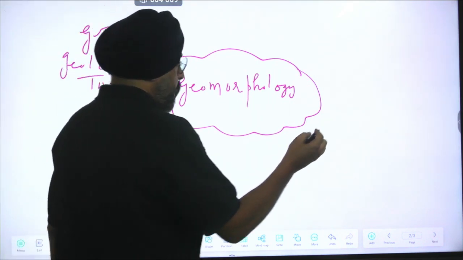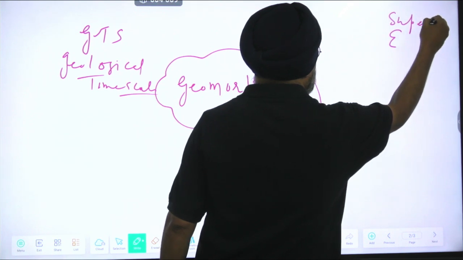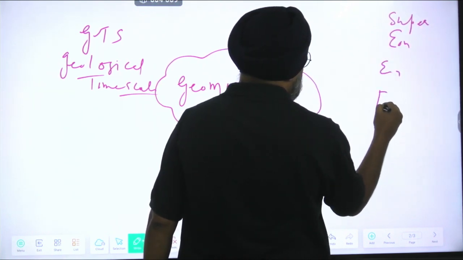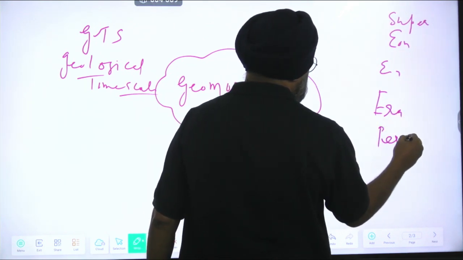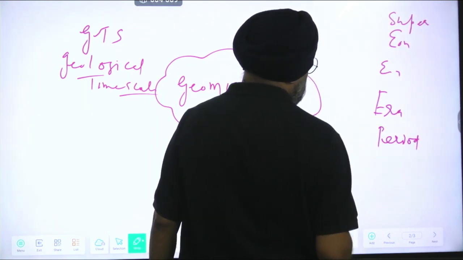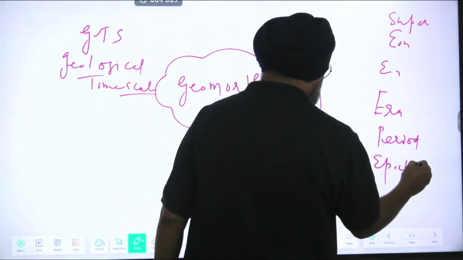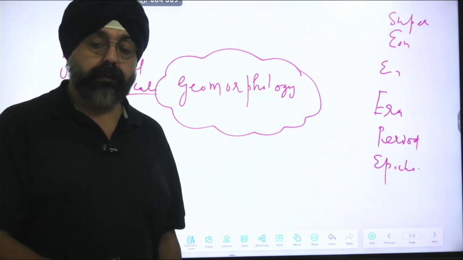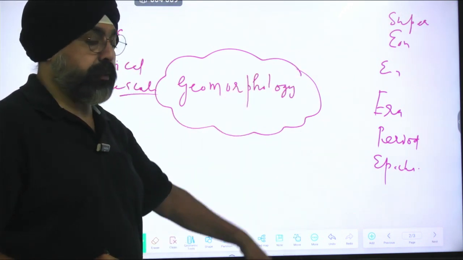It is something that divides like this. Super eon, eon, we have eras, periods, and we are having epochs. We have ages, chrones, like this. That's a geological time scale.